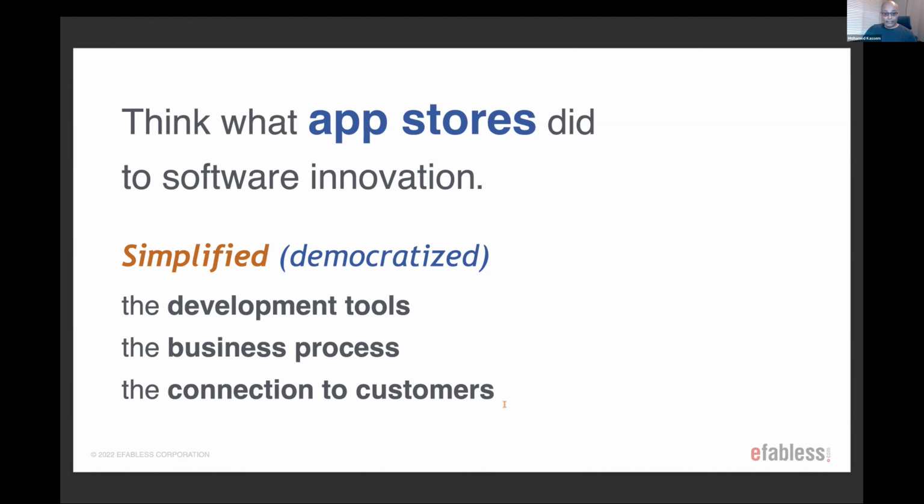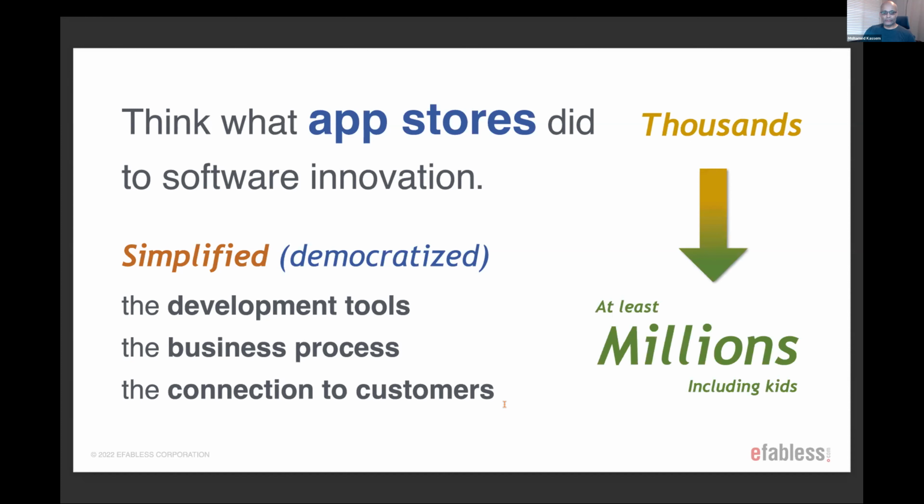It converted the industry from thousands or hundreds of thousands into millions of people capable of building apps and sharing them with customers without having to start from scratch or take that much risk. And that actually includes kids. So a simplification got into this to the level where kids can actually do it.